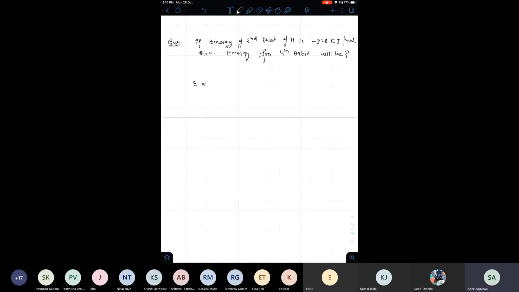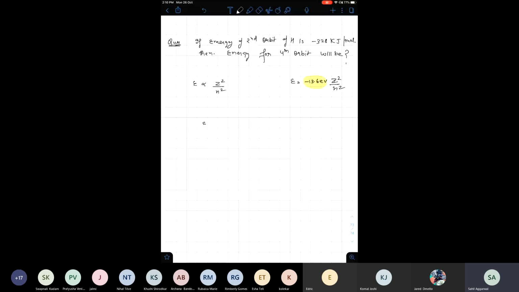E is directly proportional to Z square, inversely proportional to N square. This is the formula we are having. This is constant.